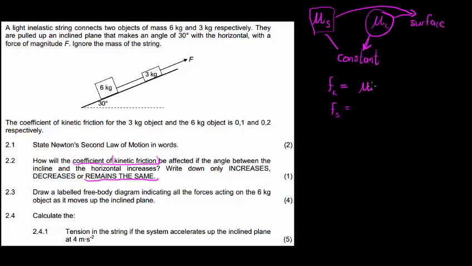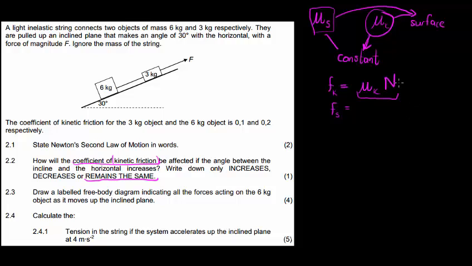Okay, so this is the formula for kinetic friction, where N is the normal force. Okay, so as the normal force increases, the frictional force will also increase.